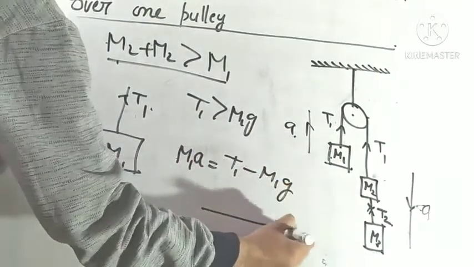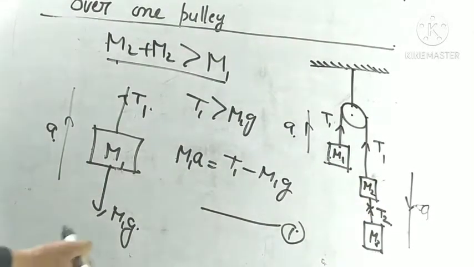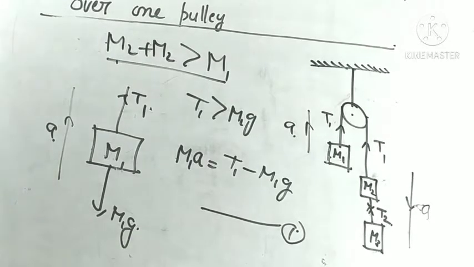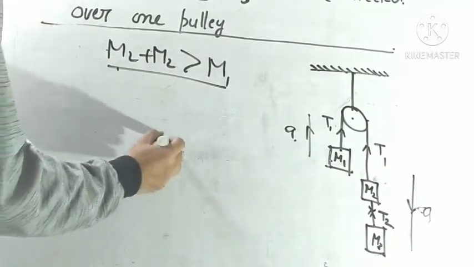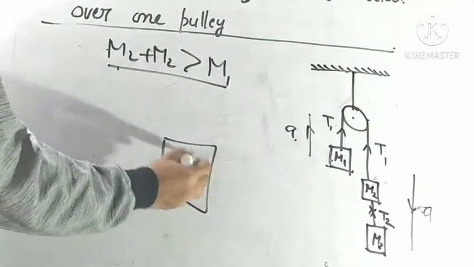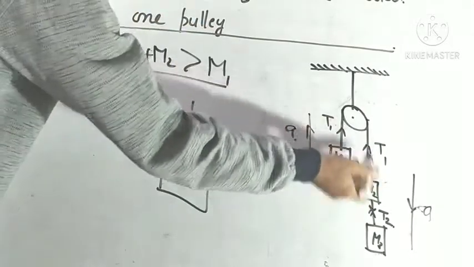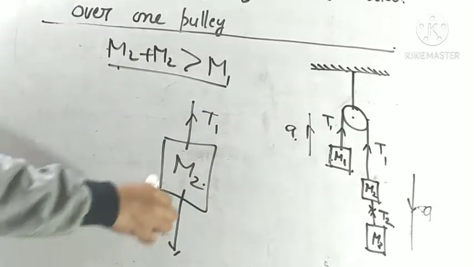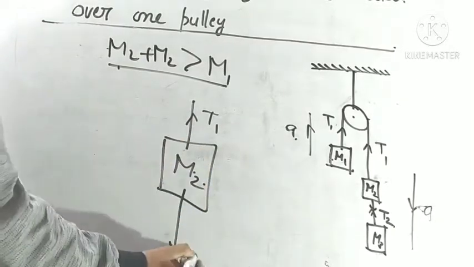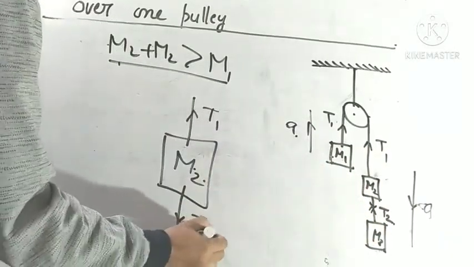This is equation number 1. Now we discuss the free body diagram of the second body, m2. How many forces are working on this body? There are three forces: tension T1 vertically upward, the weight of the body m2g vertically downward, and tension T2 also vertically downward.